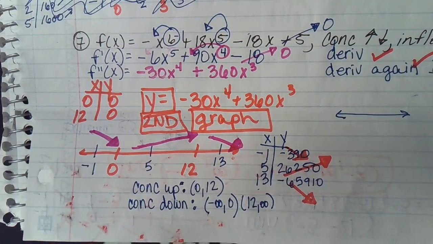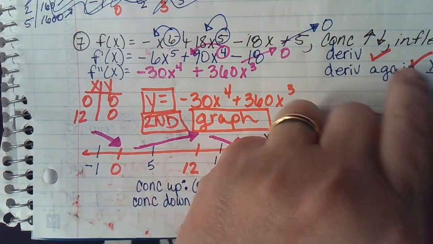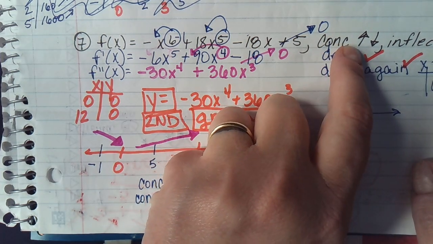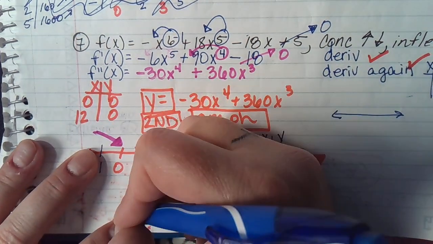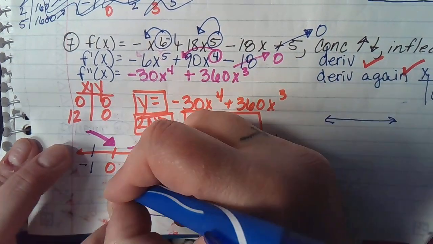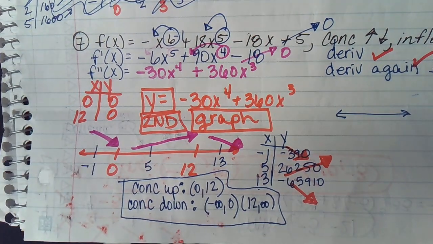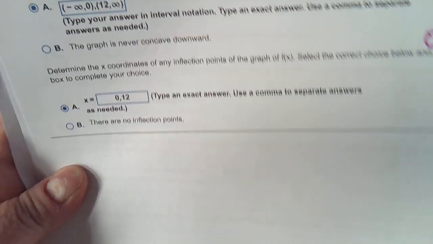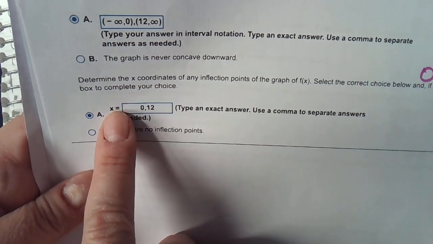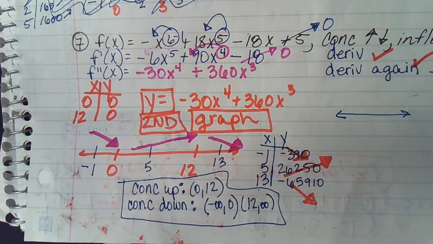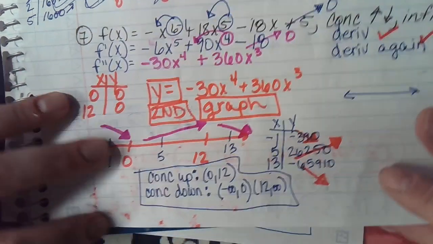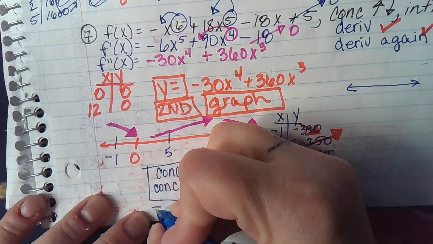Okay, so the point of this problem was to find the concave up and down intervals. We did. Okay, now it's time to find the inflection points, but on this problem, it just says x equals. So we're going to say the inflection points.